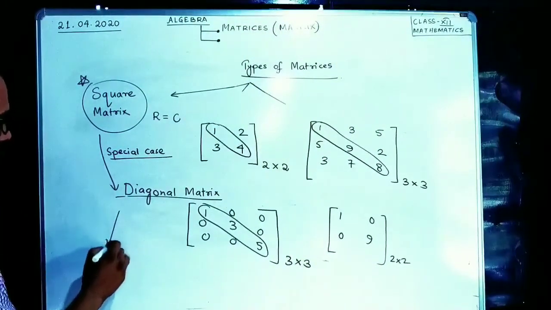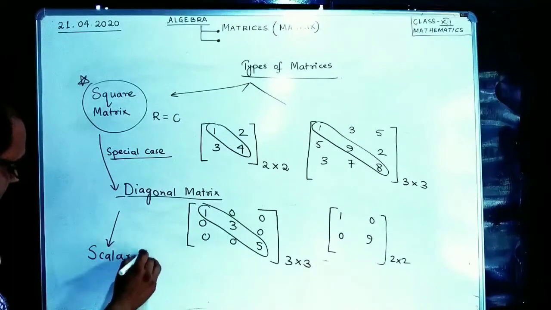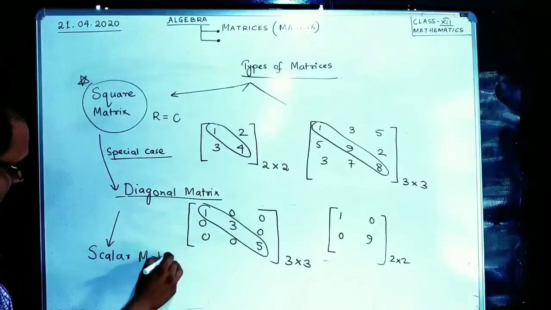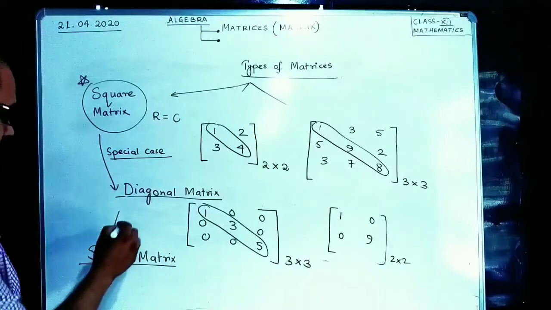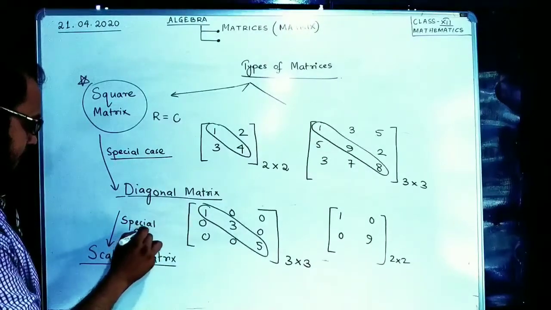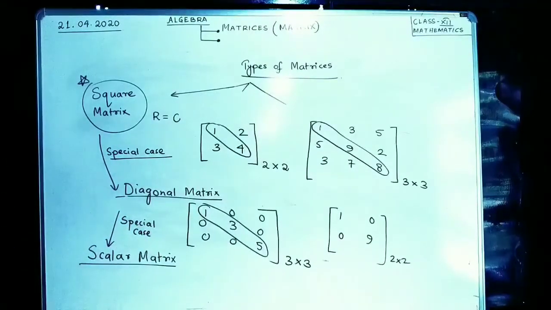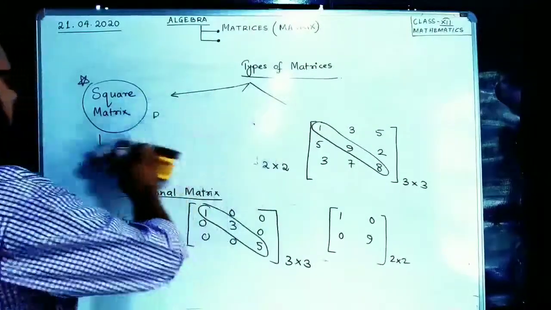We call it a scalar matrix. Diagonal matrix is a special case. We will rub it out and see what a scalar matrix is.